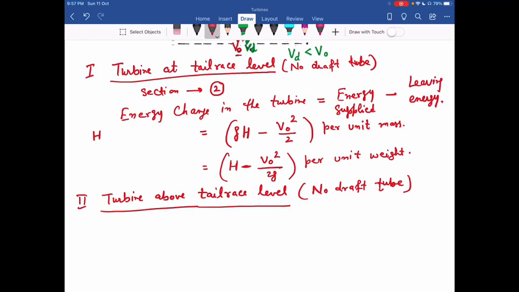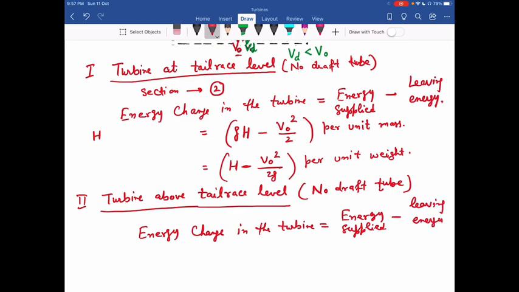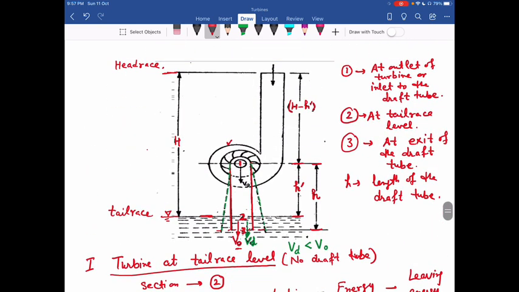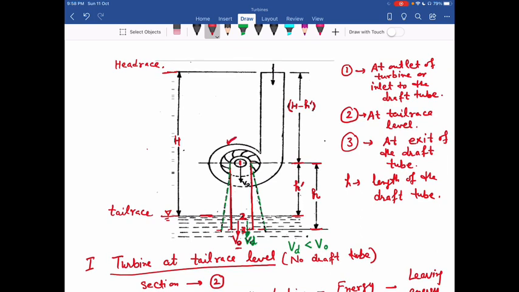Now again I can write in that case energy transfer or energy change in the turbine, that is equal to the energy supplied minus the leaving energy. So now you can see here in this diagram the case when turbine is installed above the tail race level, that is over here in the diagram as shown, and we have no draft tube.